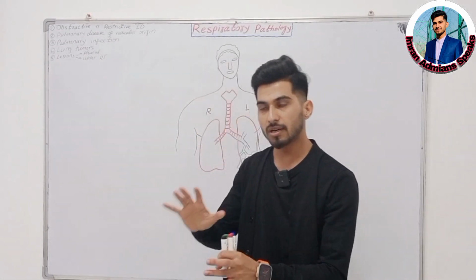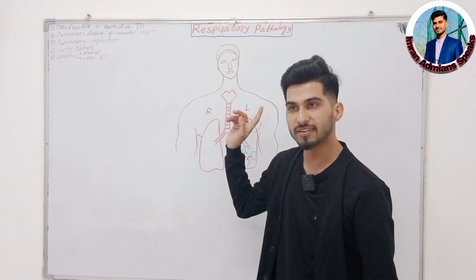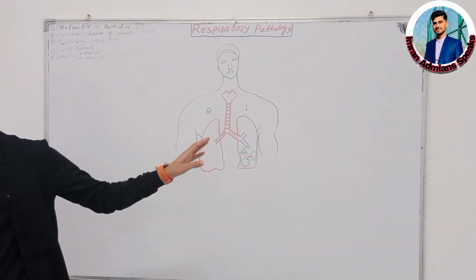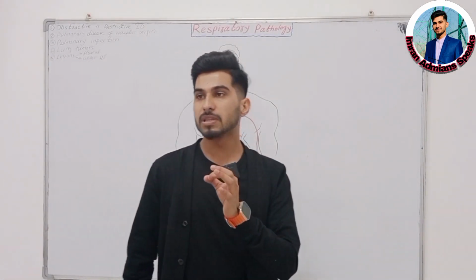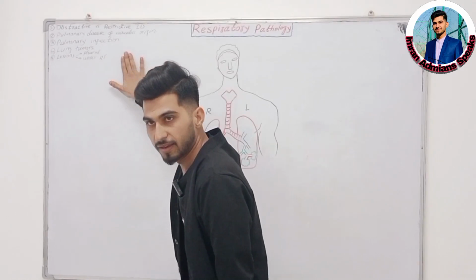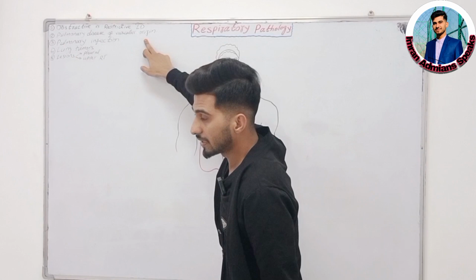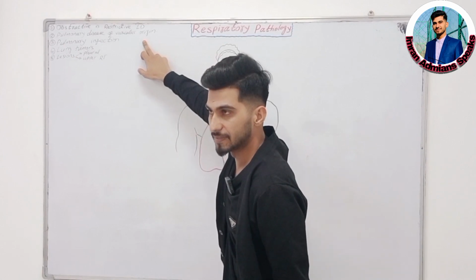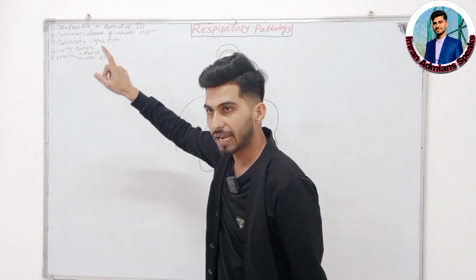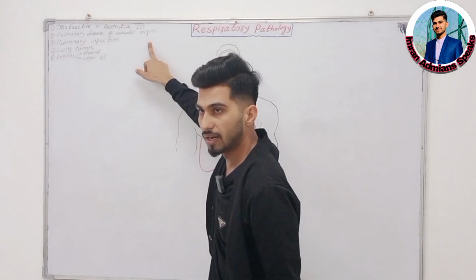These 4 points cover the physiology of respiratory system. So this is a quick review of embryology, anatomy, and physiology. Today we are going to start the pathology. Lung pathology basically consists of 5 major groups of diseases. Number one, obstructive and restrictive lung disease. Obstructive we call COPD, chronic obstructive pulmonary disease, and restrictive lung disease.